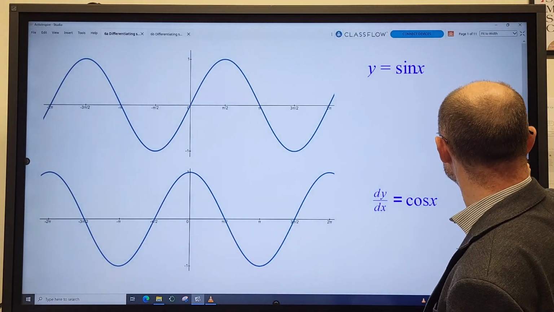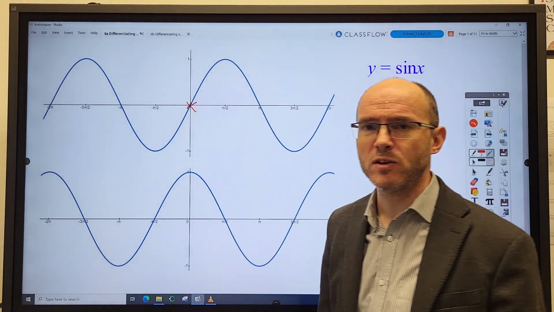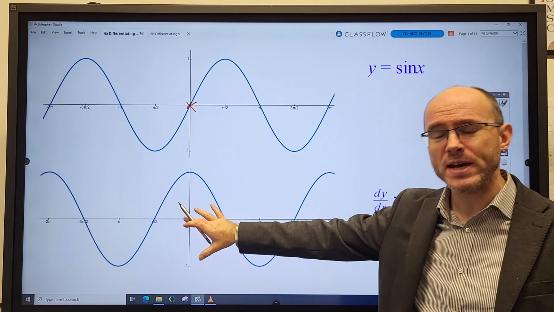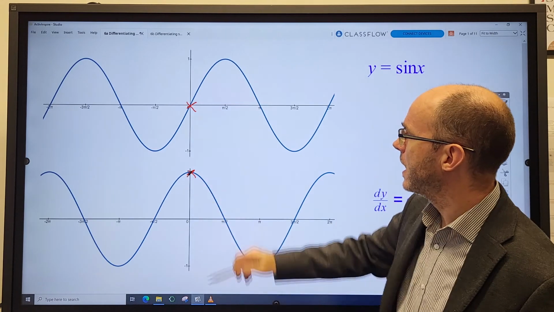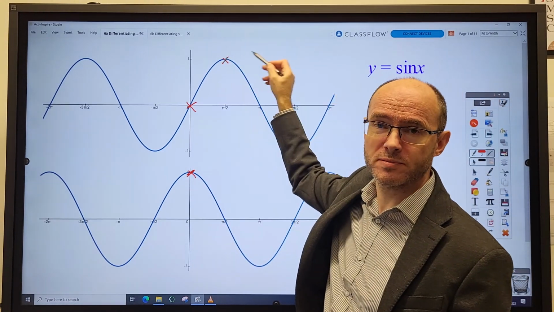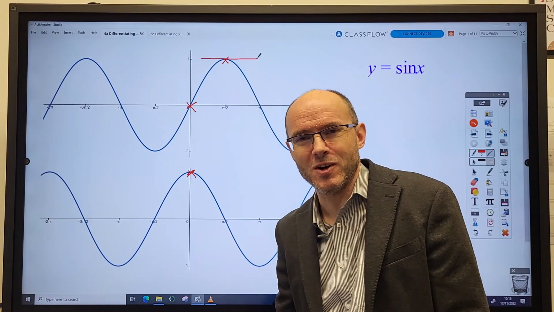So what I was saying was that at this point here, the gradient was 1. Imagine this graph here is our gradient function graph, and the gradient is 1. And then, at this point here, the gradient is 0. The tangent line there was horizontal. I can draw it as horizontal there on my graph.